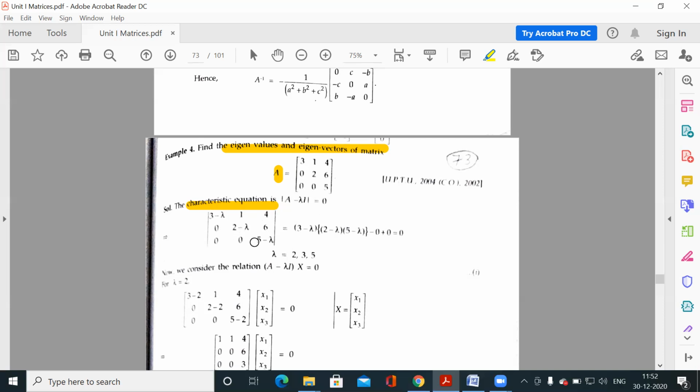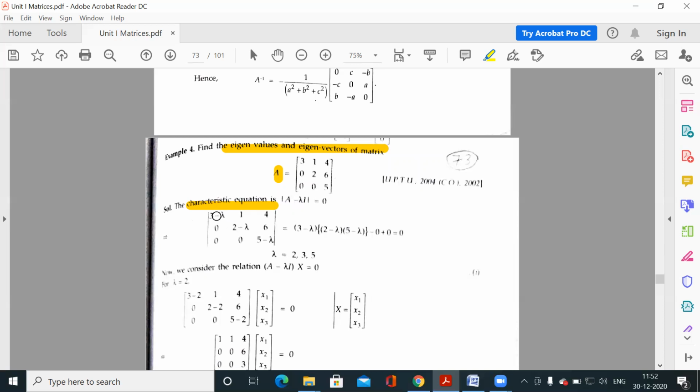I told you one remark: if the given matrix is upper triangular, lower triangular or diagonal, then the determinant is very easy to calculate.